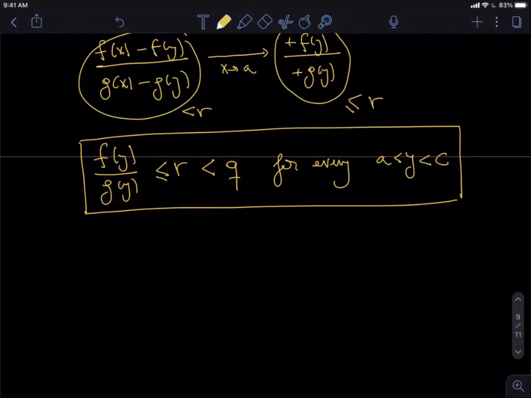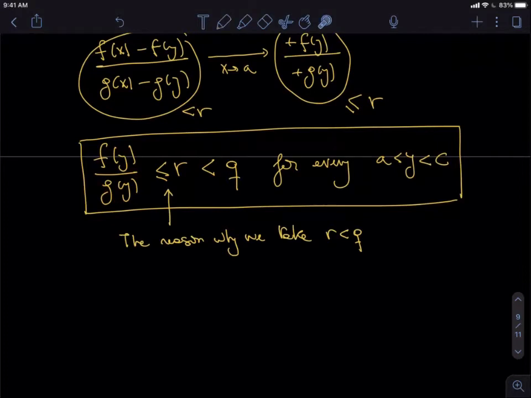And here I want to comment on this less or equal. This is the reason why we take this r less than q. Because in the definition of the limit, if you notice, the inequalities are strict.